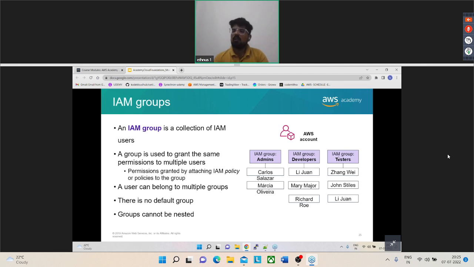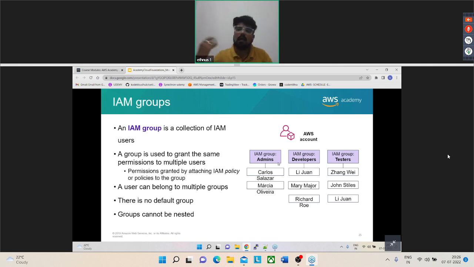So these are the IAM groups, and inside them, these are the IAM users. So an IAM group is a collection of IAM users. A group is used to grant the same permission to multiple users. I've told you, whenever I attach any policy at a group level, then automatically all the IAM users who are part of the same group will inherit those policies.